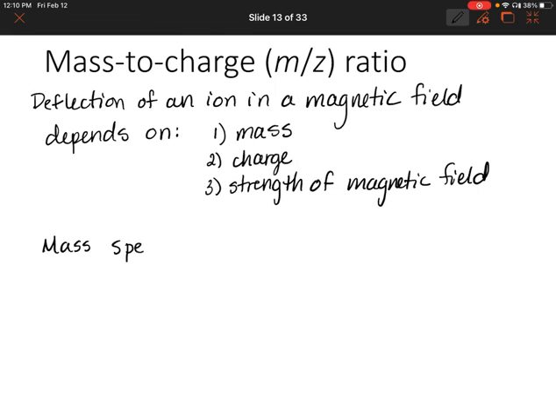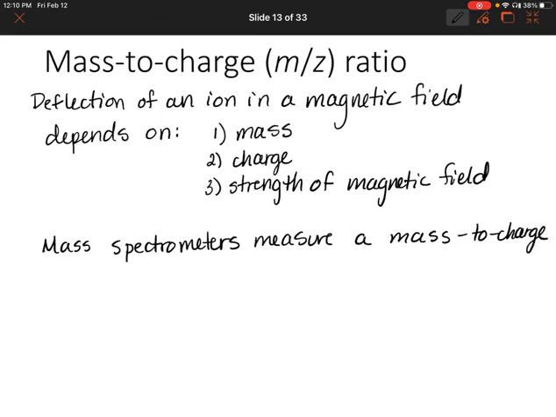So mass spectrometers measure a mass to charge ratio for an ion or compound.